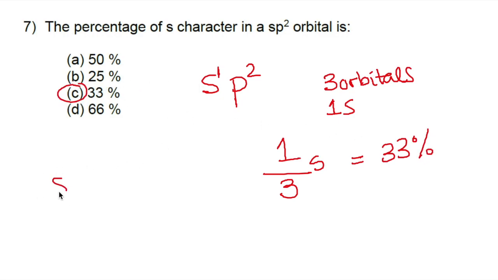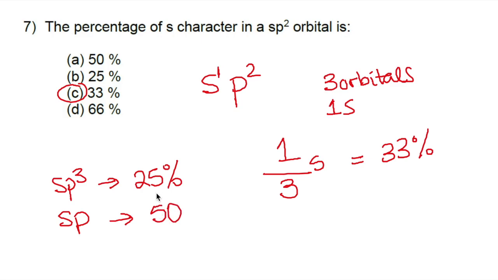Remember that for sp3 hybridized, the S character is going to be 25%, and for an sp, the S character is going to be 50%. And the more S character that an atom has, the more acidic it's going to be.